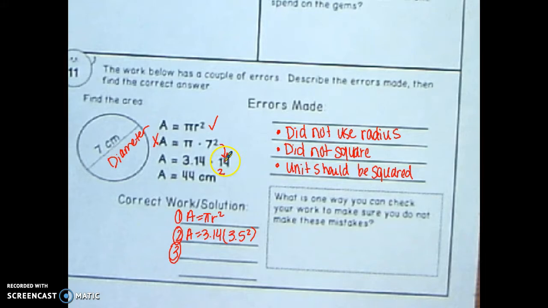Now they multiplied by 2 instead of squaring, so I'm going to square 3.5. And that gives me 12.25. Then I multiply by 3.14, and I get about 38.5 centimeters squared.